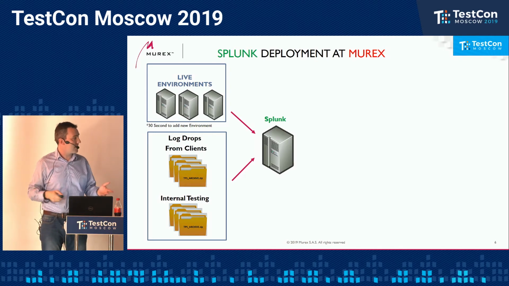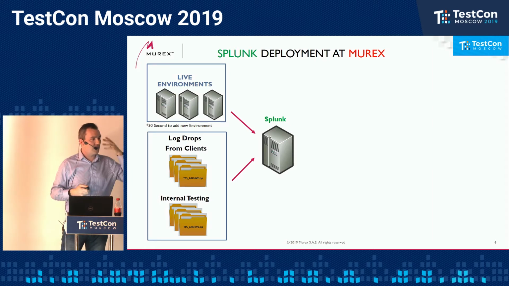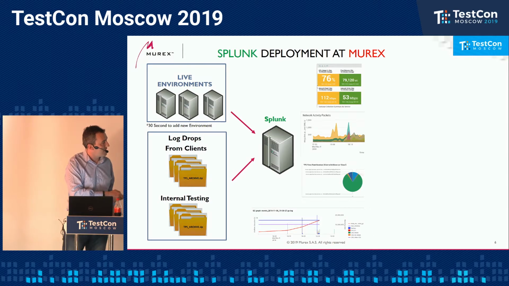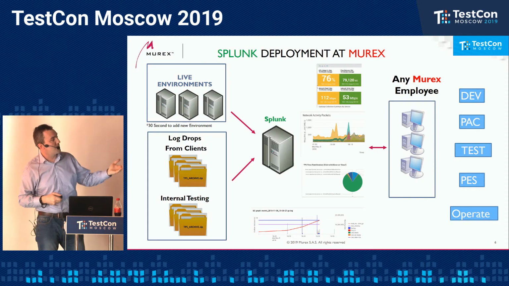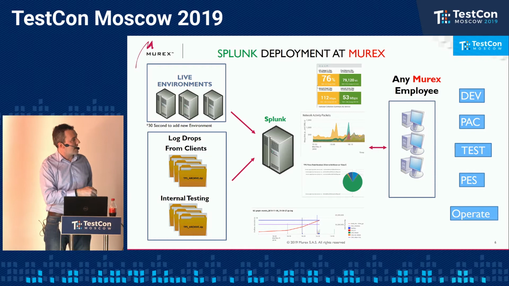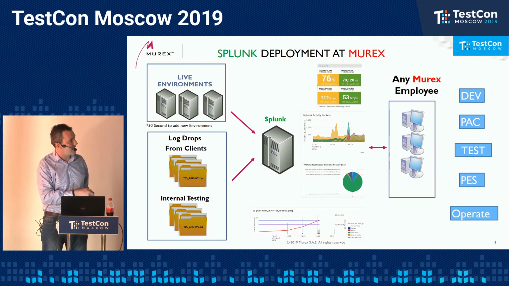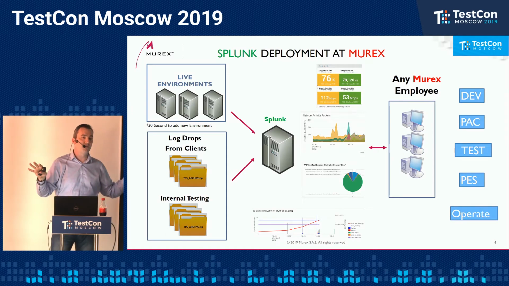Also, our clients who are live all around the world are behind these big firewalls. So we cannot access this data. Bank security is massive. So they FTP us their logs, and again, we upload them to Splunk. And then we get visualizations, and the system we created was that any Murex employee can access all this data from test, dev, operate, etc. I've made an open system, okay?